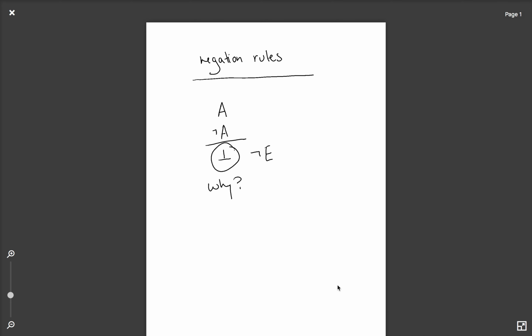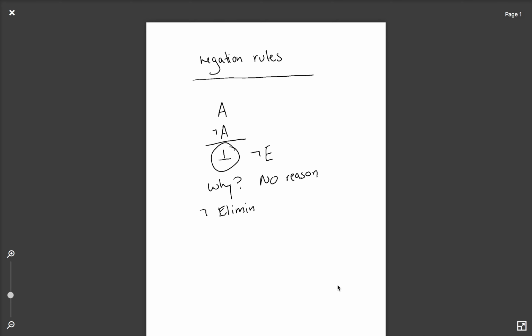The name for it is difficult because you're not really eliminating any negation. What you're doing is pointing out that there's a contradiction in 2 different lines of your proof. You just want to remember that this one is called negation elimination. So what you're really doing is pointing out a contradiction.